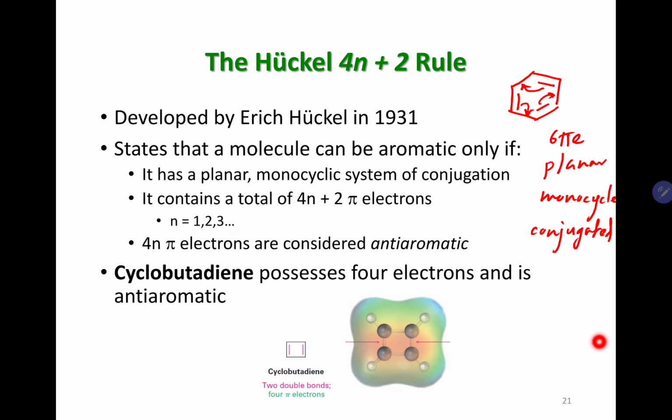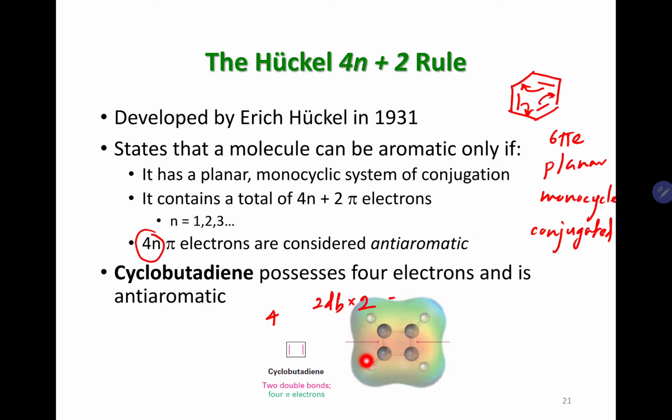All right, so if a molecule is planar and monocyclic, but it only has pi electrons that fit the equation 4n, then it is considered to be anti-aromatic. Let's take a look at cyclobutadiene. It is a monocycle, and it has conjugated, alternating double bonds. The number of pi electrons is what? 4, because you have two double bonds, and each double bond is 2 electrons.